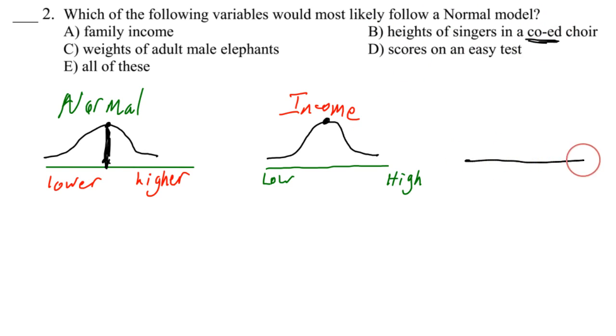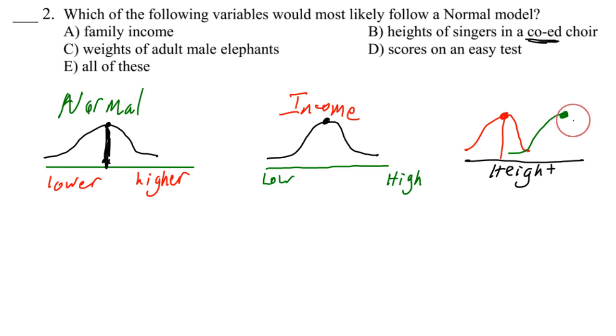So if we look at this and say that we're talking about height now, the interesting thing is that women have a lower height average than men. For women, their average might be right here, and some women will be shorter, some will be taller. But men, when we put them into this mix, have a different average, which is a little bit higher.